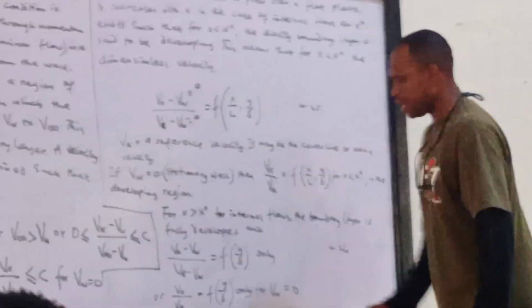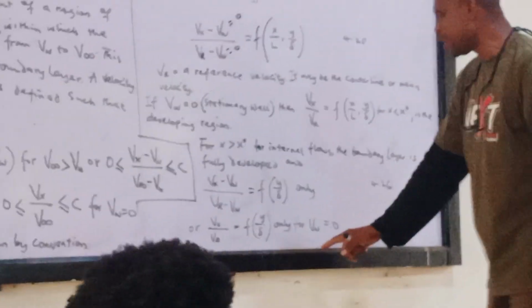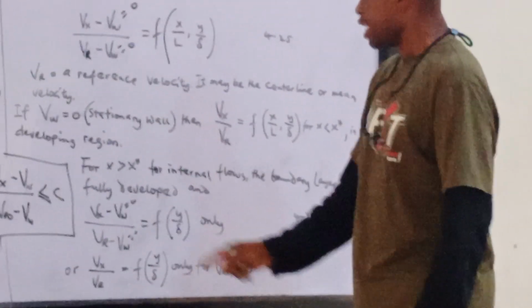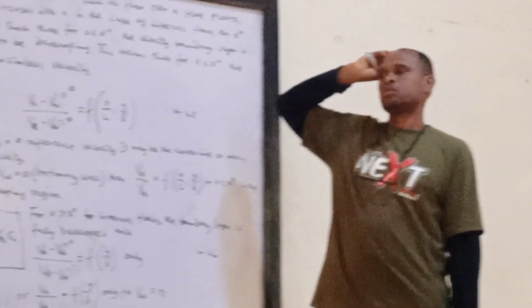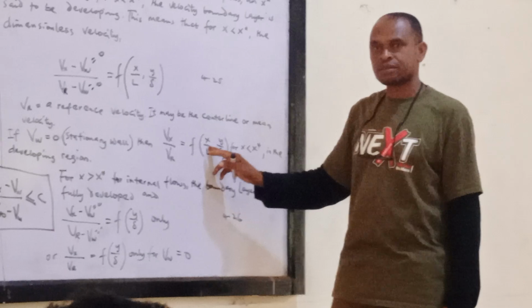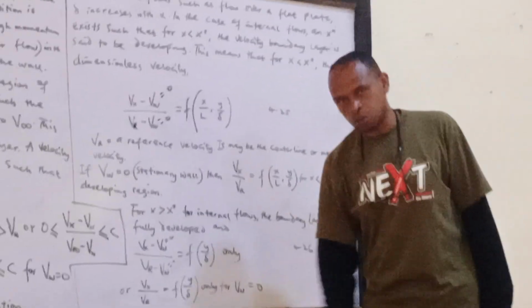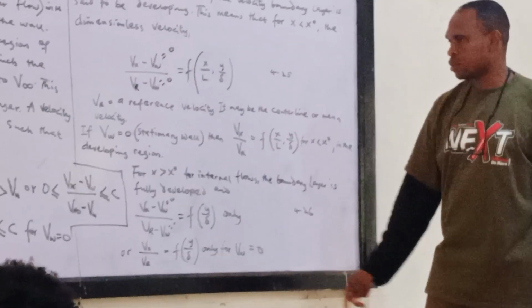Or Vx over Vr is a function of y over the boundary layer only if V wall equals 0. It is a function of y over delta because it is fully developed. No more, this one will no more be there. Then if V wall is equal to 0, this is equal to 5.